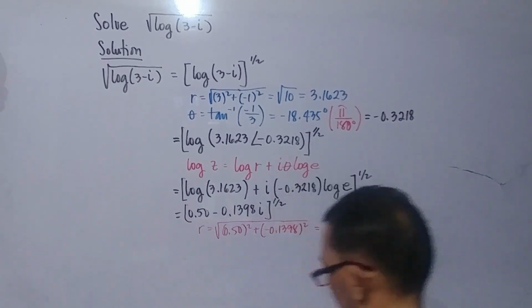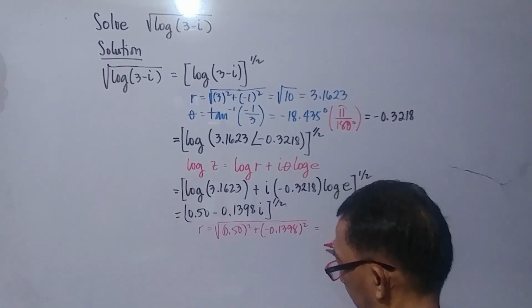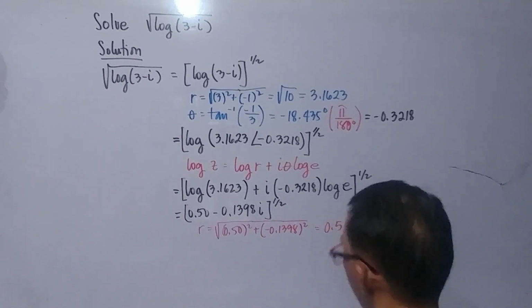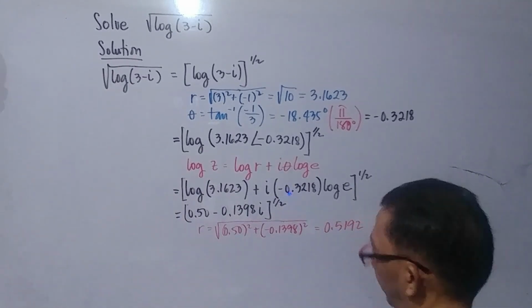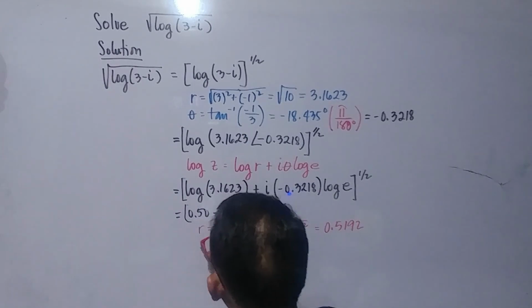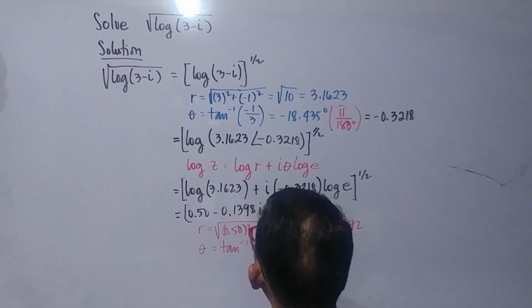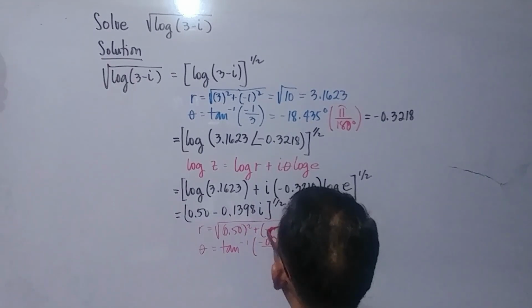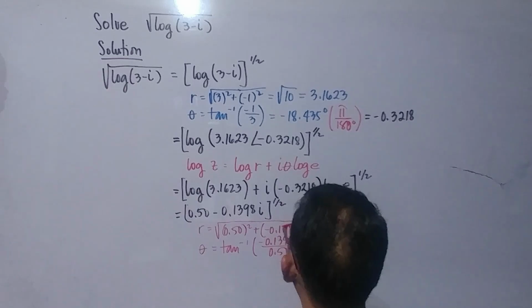So our r here is 0.5192. And for our theta, we have the arctan of negative 0.1398 over 0.5.